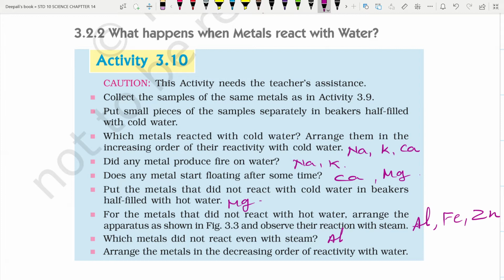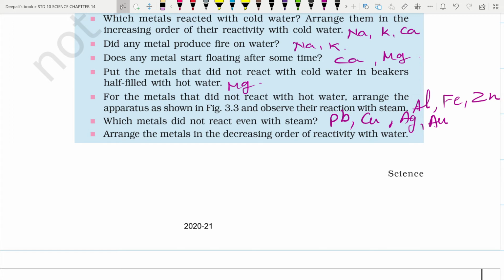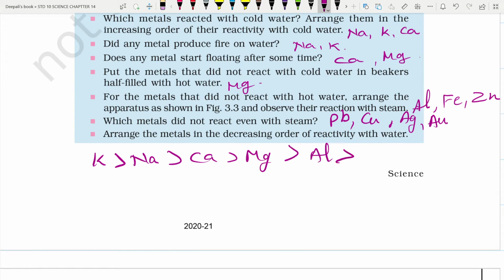Metals like Pb, that is lead, copper, silver and gold do not react with steam. Now if we arrange the metals in their reactivity order, we get K, that is potassium, sodium, calcium, magnesium, aluminum, zinc and iron.